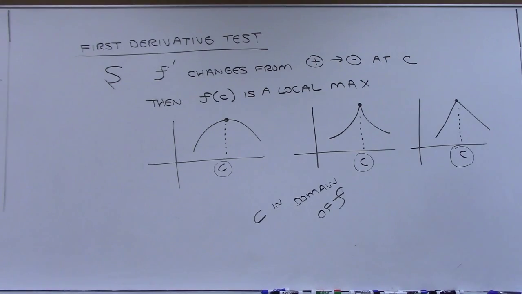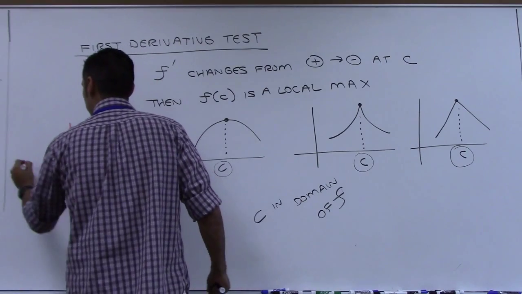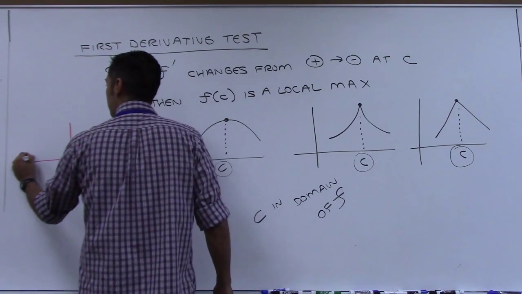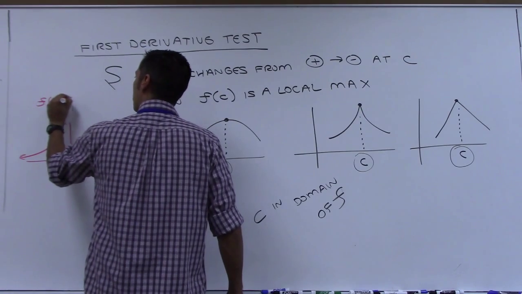I'll do that in red over here on the side. I'll just draw a picture. How about this function right here? This is actually the graph of the function f of x equals 1 over x squared.